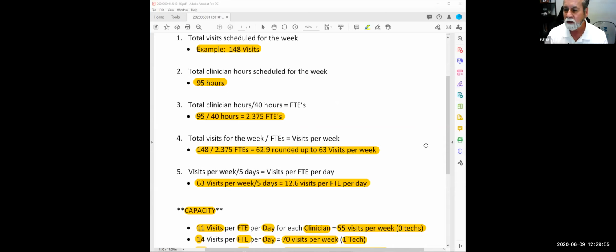I had 5, I believe, and Lynn had 3. So 8 divided by 8 gave me a 1. That's very simple. 8 divided by 8 is 1 FTE, right? So I took my visits of 14 divided by 1. It gave me 14 visits per FTE.